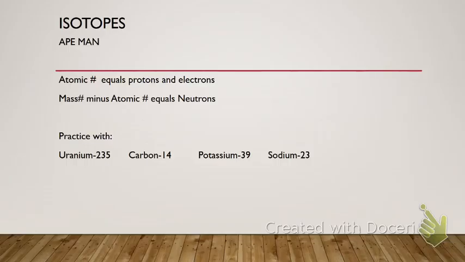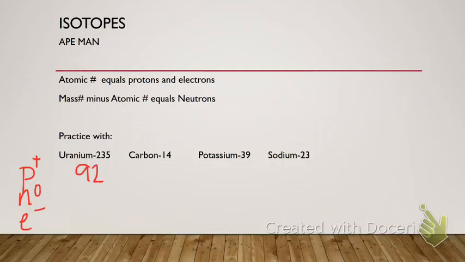So we're going to practice with uranium-235. So I've got the protons, the neutrons, and the electrons. Uranium-235, if you look that up, its atomic number is 92. So how many protons do I have? 92.